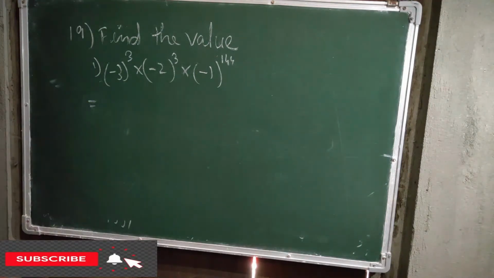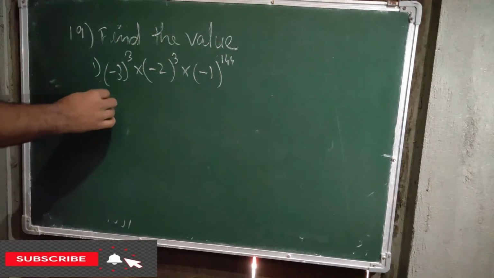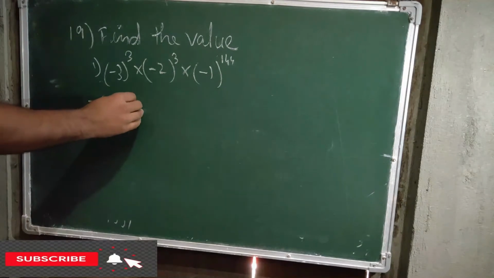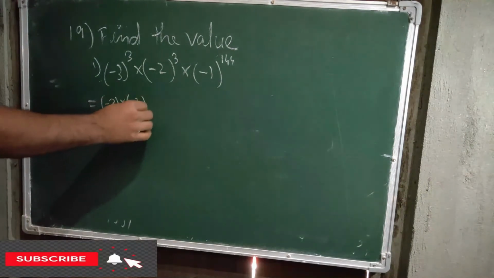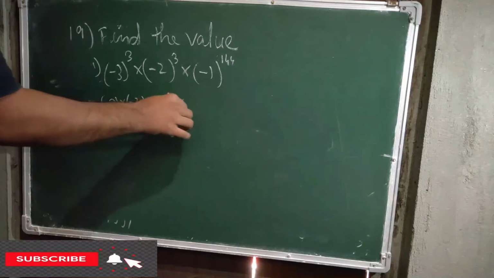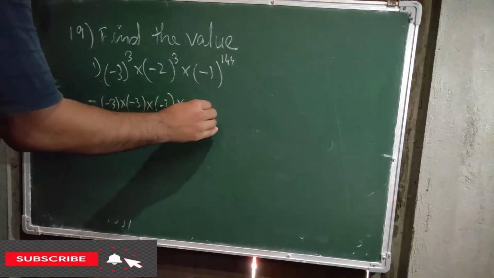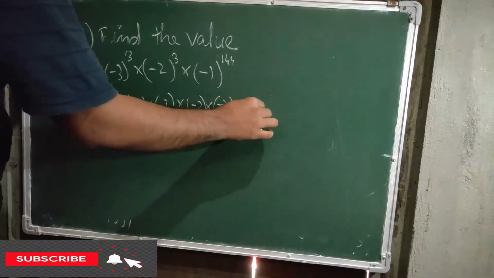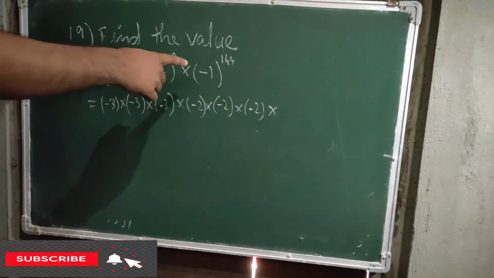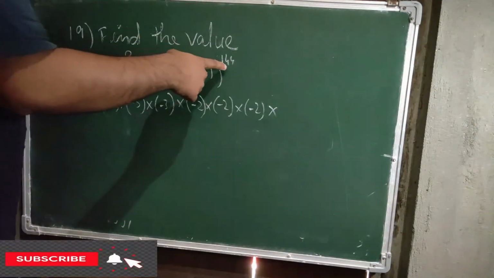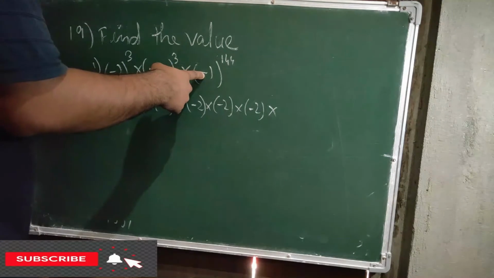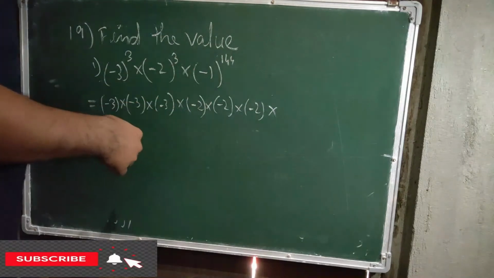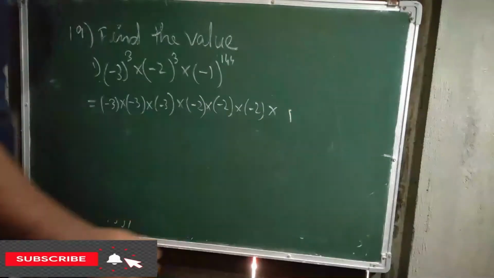So minus 3 we have to put 3 times, again minus 2 we have to put 3 times. Remember this: if the power is even, minus will become plus. 1 multiplied 144 times, ultimately we will get 1.